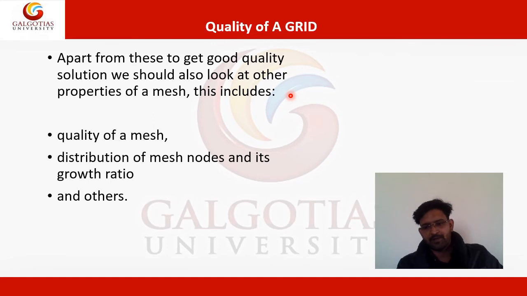Now the important point is the quality of a grid. Apart from these, to get a good quality solution, we should also look at other properties of the mesh: the quality of the mesh, the distribution of mesh nodes and its growth ratio.